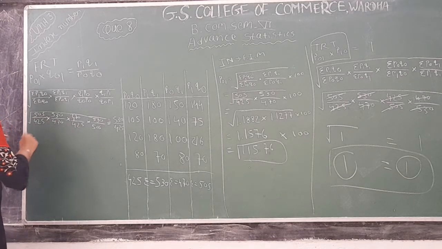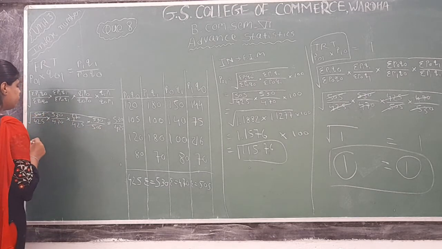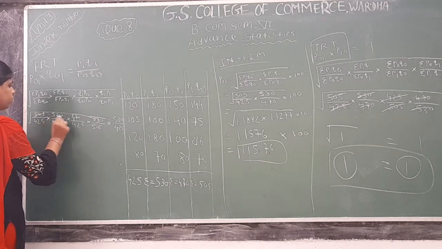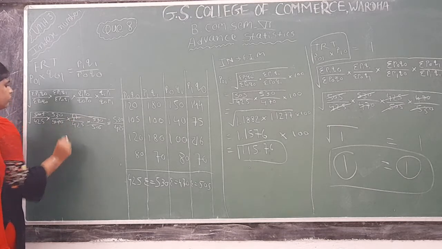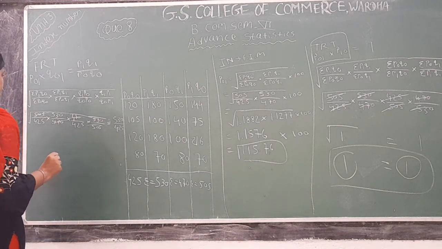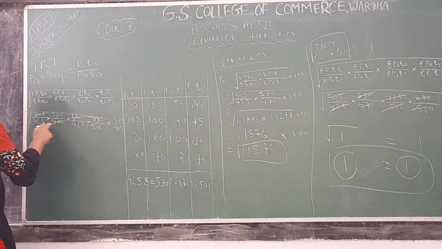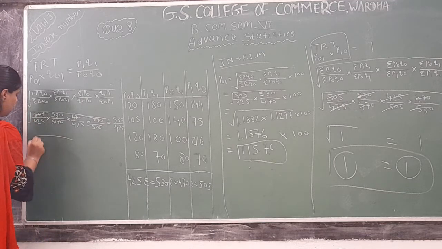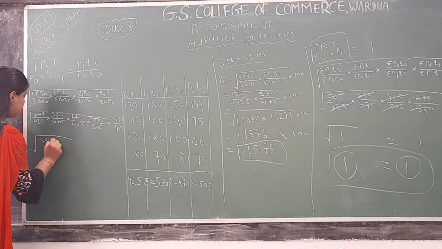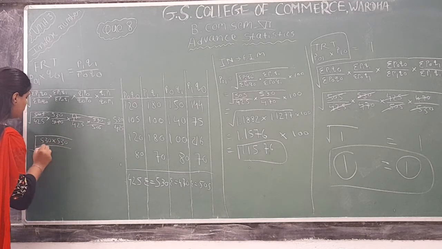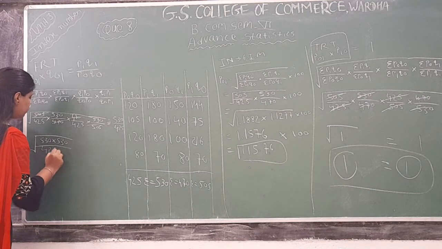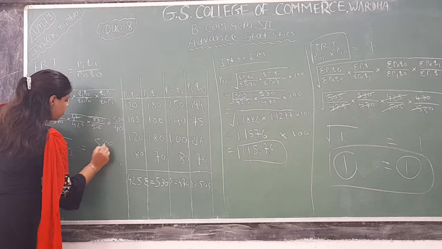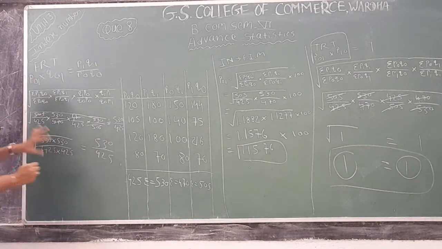When we cut the terms, 505 and 505 get cancelled, and 470 and 470 also get cancelled. Now we are left with 530 and 425, 425, that is, 530 into 530 upon 425 into 425, under the square root.